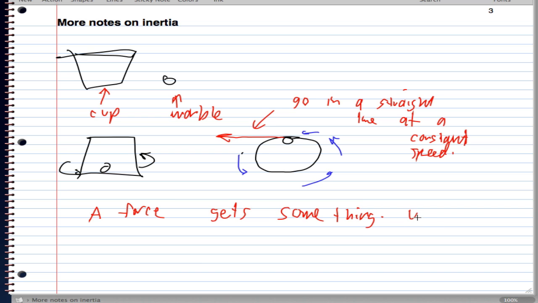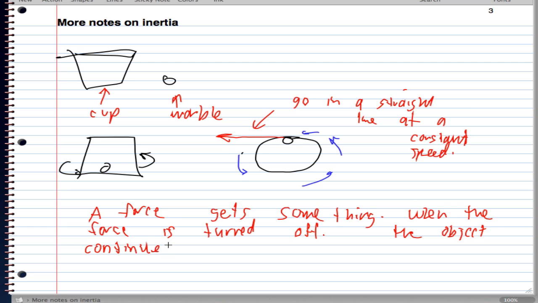But then, when the force is turned off, the object, from our model, from our little observation, continues to move, and we notice that it moves in a straight line at a constant speed.